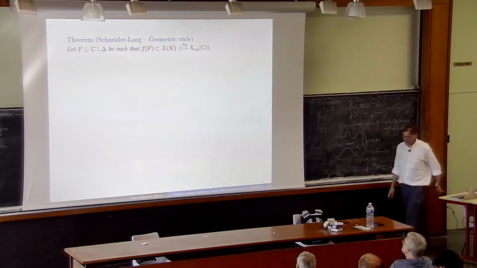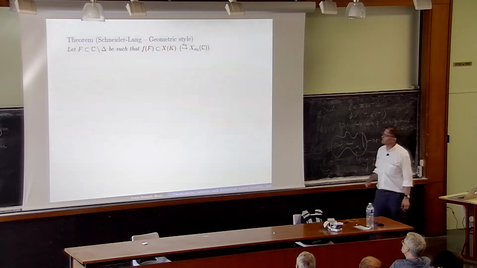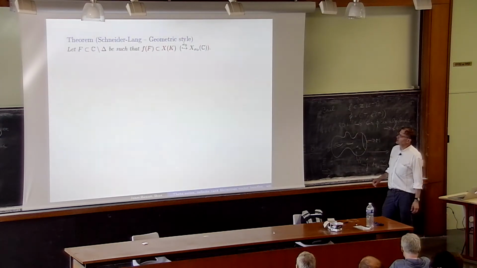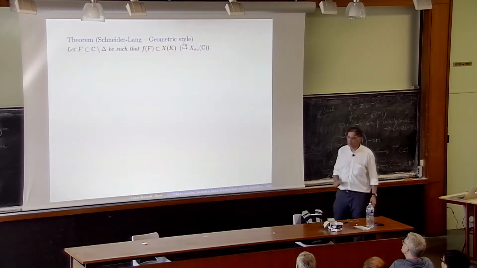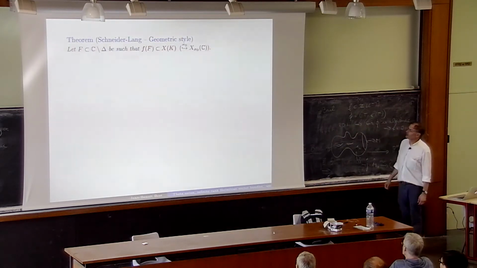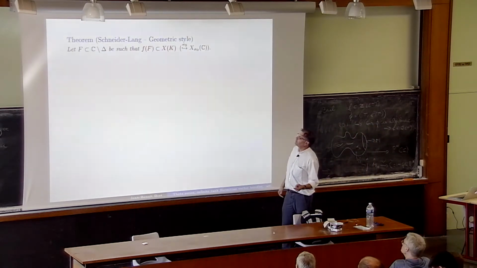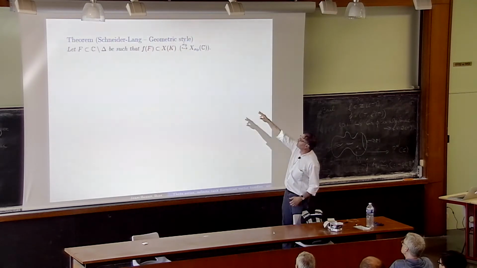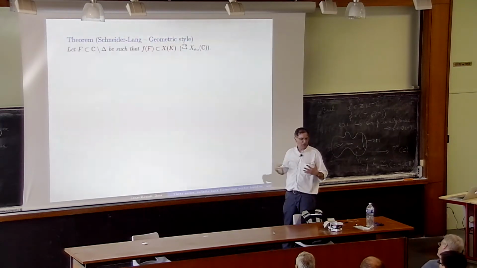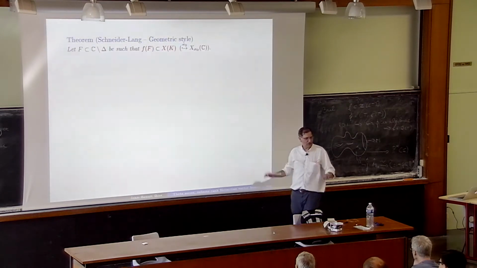So assume that there is a finite number of points in the source of f, the image of which is in the K-rational points of X. So here, of course, little f of capital F is defined in the complex world, and X of K is in the world of K points, but K is embedded once and for all in C. So it has a meaning.